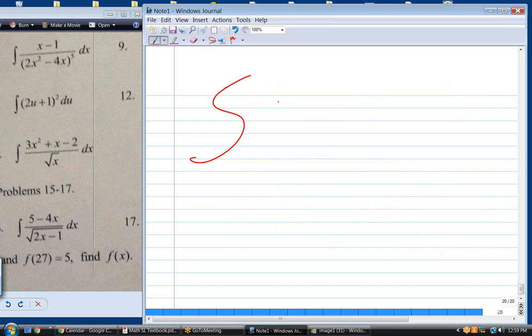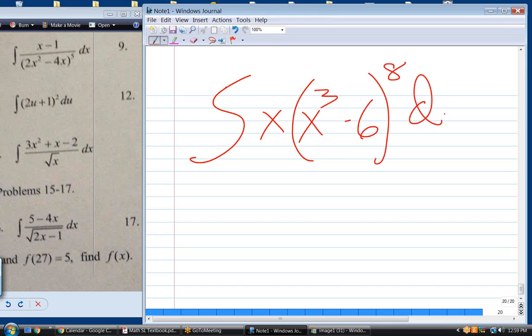I had a student recently, and his teacher gave him this problem to integrate. I took one look at it, and I said, she made a mistake. This can't be x, this has to be x squared. Because the derivative of the inside is 3x squared.